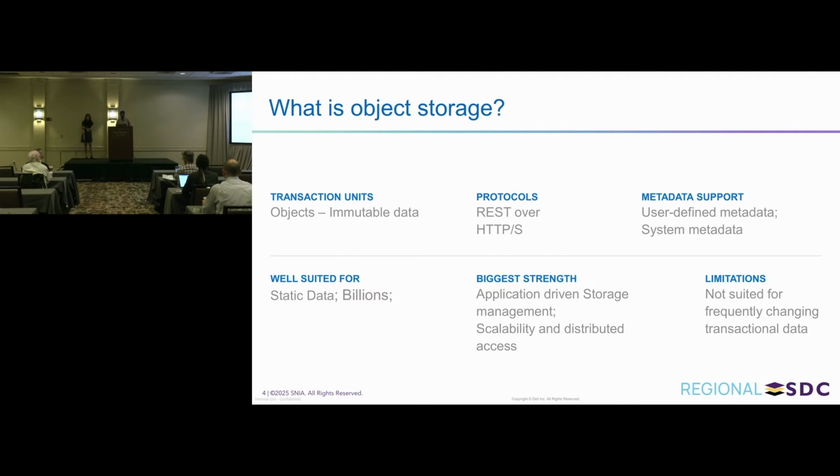Lastly, as we all know, object is immutable by nature, which means it's not meant for every workload. It's mainly meant for workloads where objects don't change that often. It's not meant for transactional workloads. These are just some of the things that catch our eye at first look for object storage. There's much more to that.